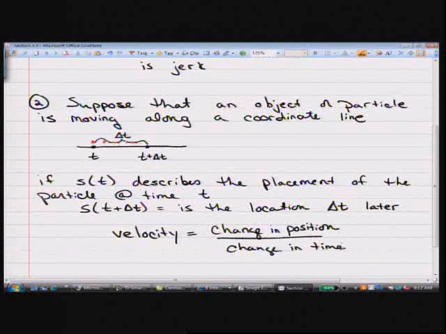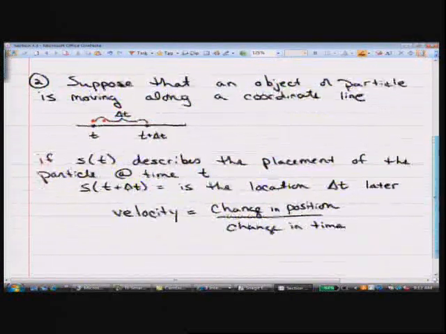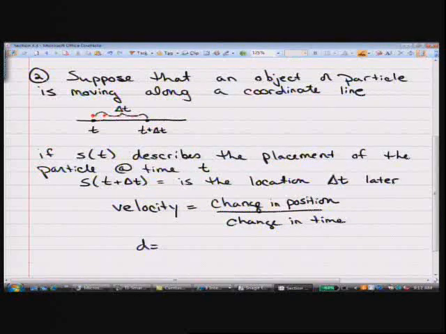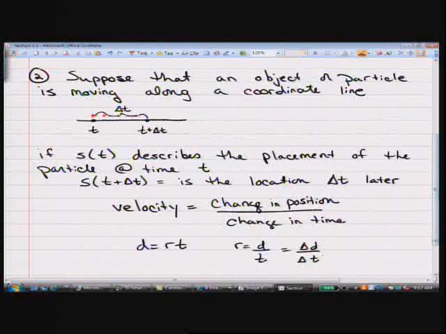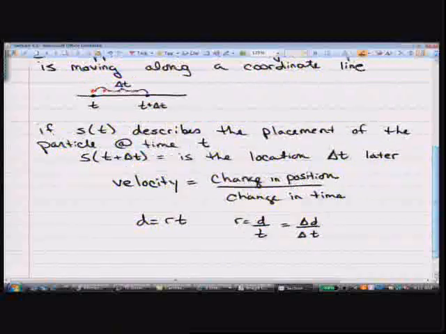And so you may remember the dirt equation, distance equals rate times time, right? And then you can actually solve for rate, which is your velocity. You can say that rate is equal to distance over time. And so here we're thinking of the change in distance over the change in time. So this is kind of old news that you've seen before.